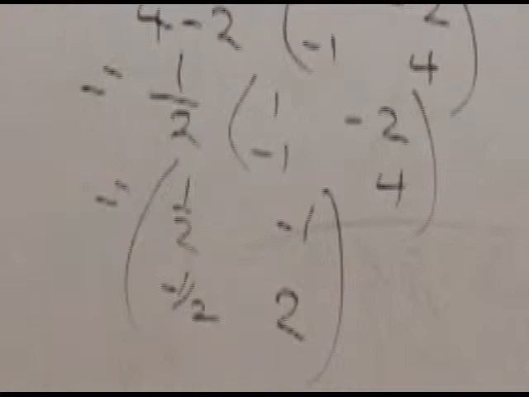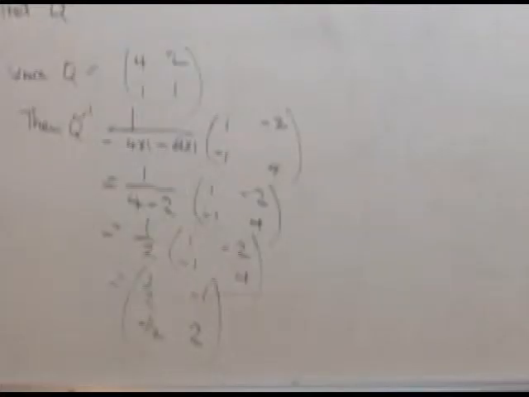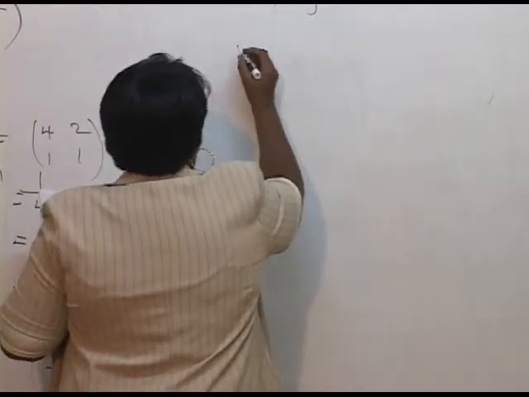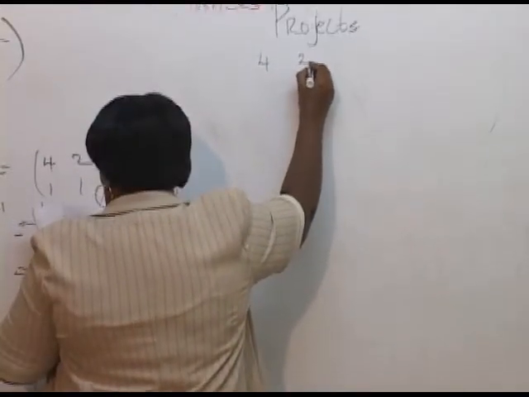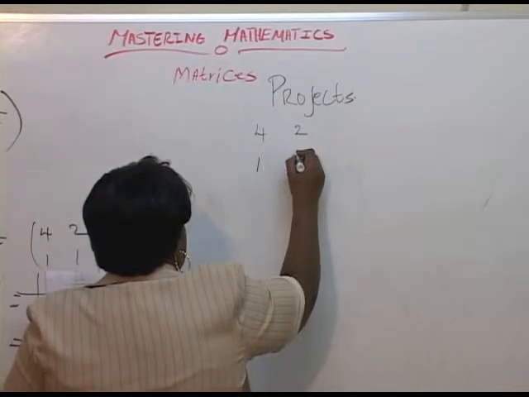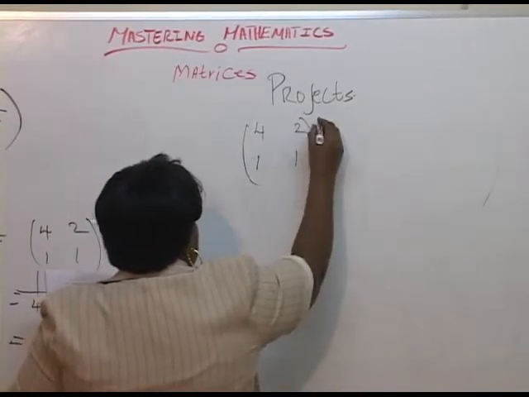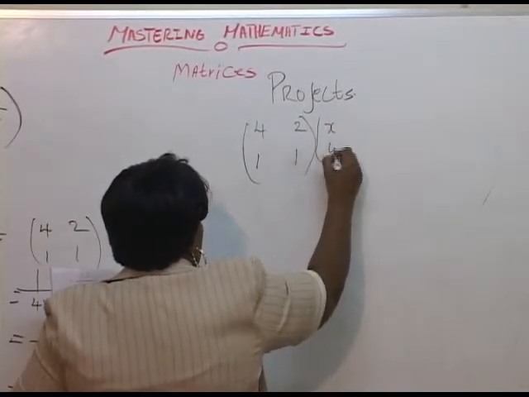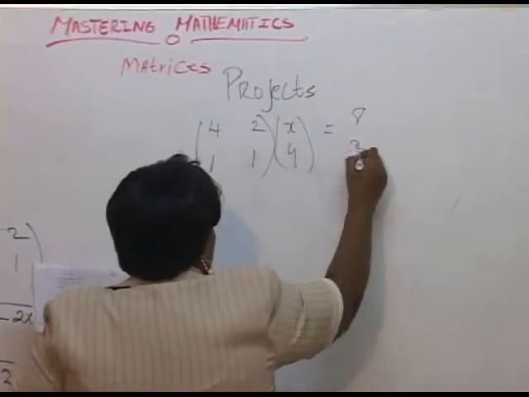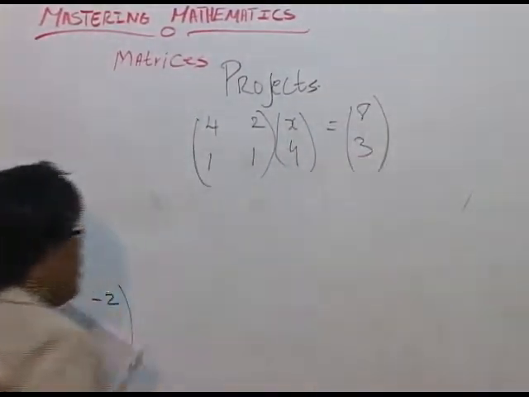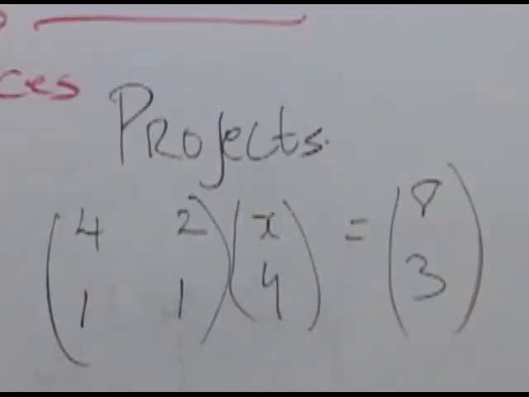Part 2 of the question says, using a matrix method, find the values of x and y in the equation. And this is the equation you're given. It's 4, 2, 1, 1, times your x, y, and it is equal to 8, 3. Notice that these people have done it for you.